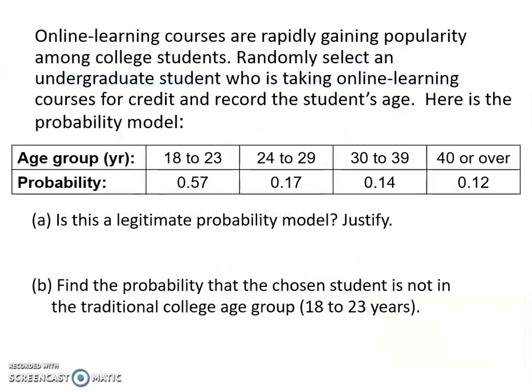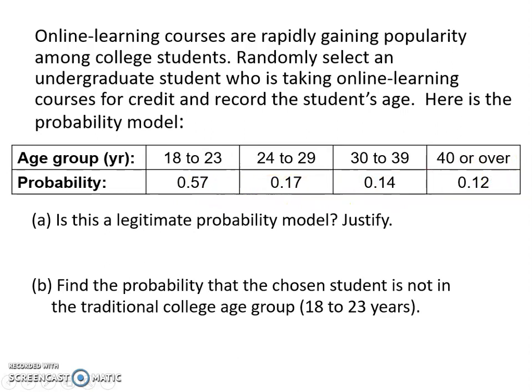All right, let's go through this example. You don't have this one on your notes, so just follow along on the video. Online learning courses are rapidly gaining popularity among college students. Randomly select an undergraduate student who is taking online learning courses for credit and record the student's age. Here is the probability model. Okay? So we see we have the different age groups and then the probability that they were in each age group.